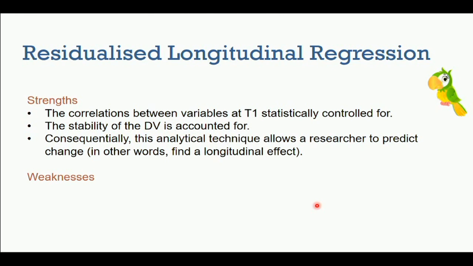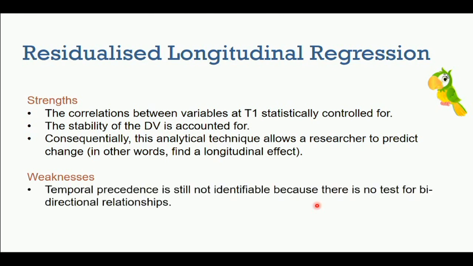The weaknesses. Well, one is that temporal precedence is still not entirely identifiable because there's no test yet for what we call a bidirectional relationship. Did the IV of extracurricular activities at time 1 also be explained by their well-being at time 1?